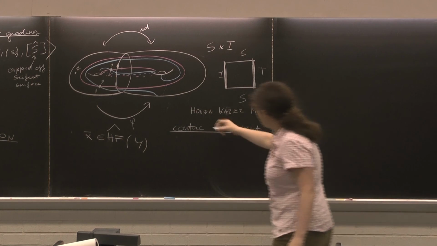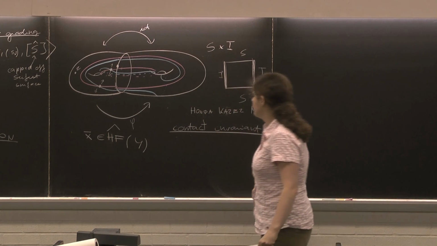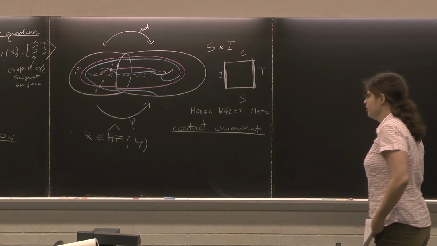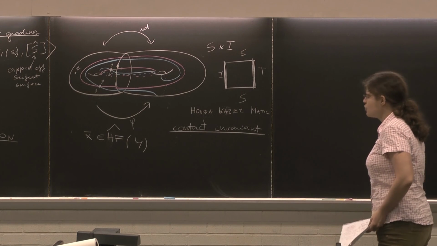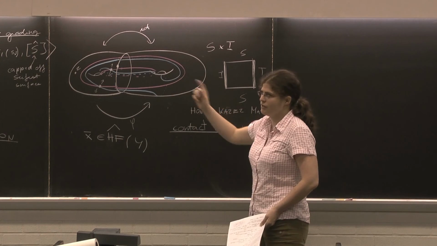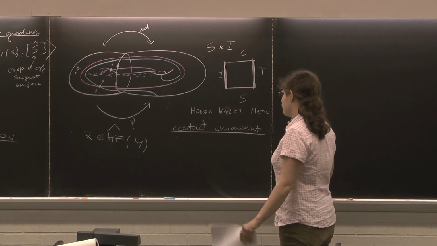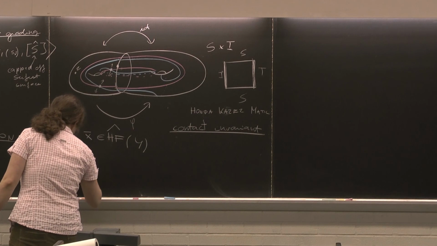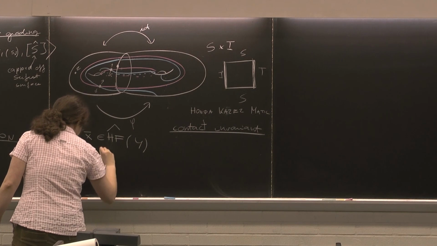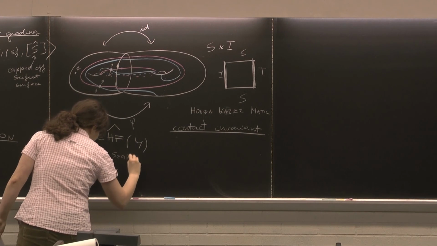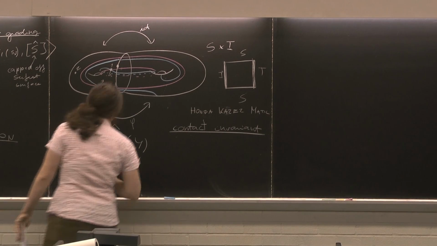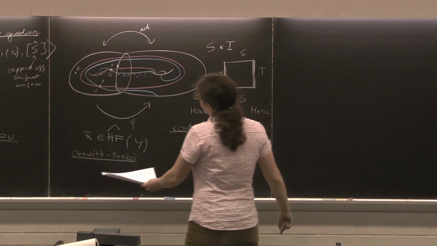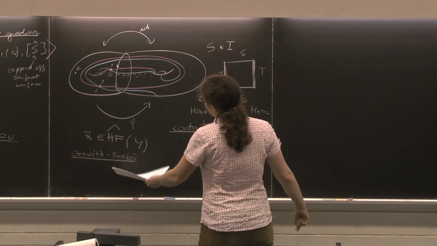So finally, this contact invariant was not originally defined this way. There was an earlier definition of the contact invariant by Ozsváth and Szabó, which used a different version of Heegaard Floer homology.